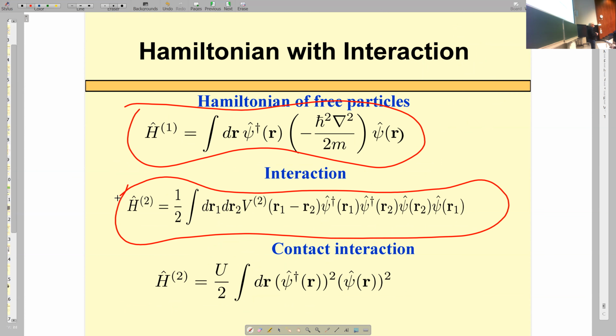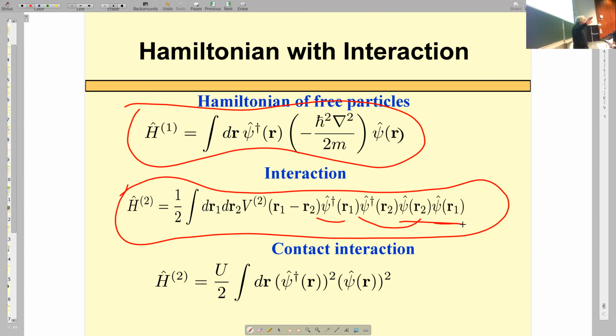The only point is that I don't write it in Fourier representation, I write it in coordinate representation. So that pair would make a density of particles. I have to put the operators in such a fancy order to have two annihilation operators on one side.